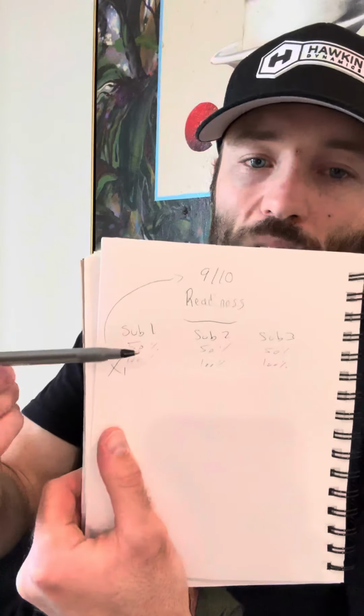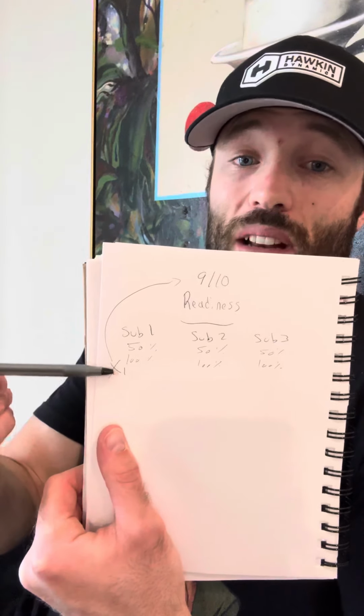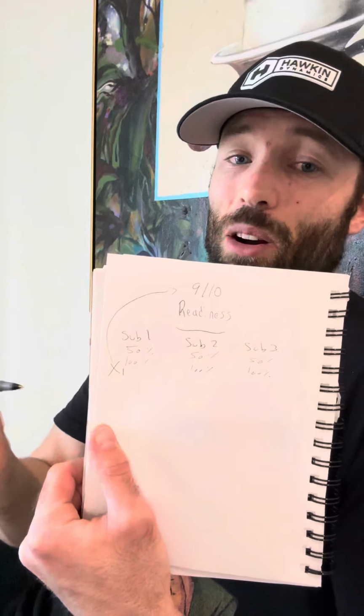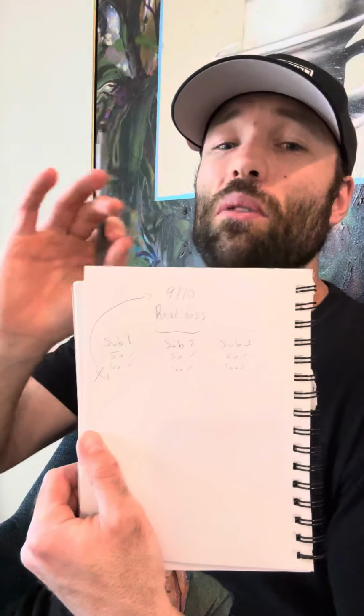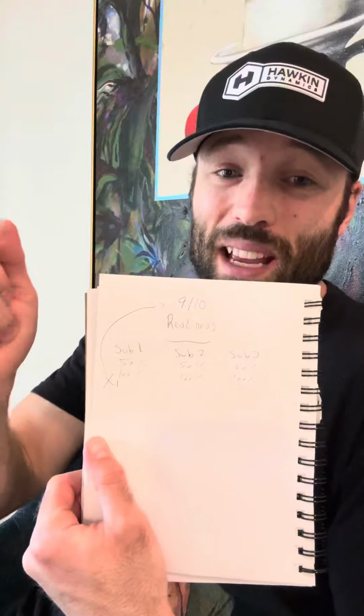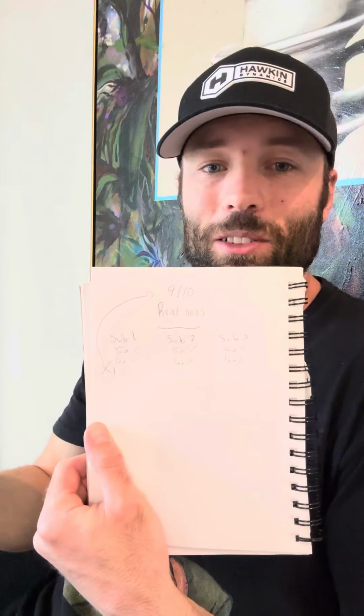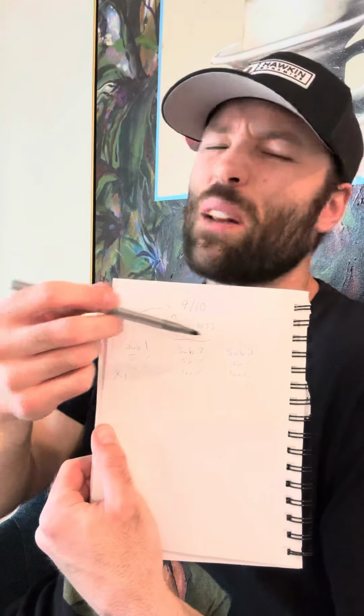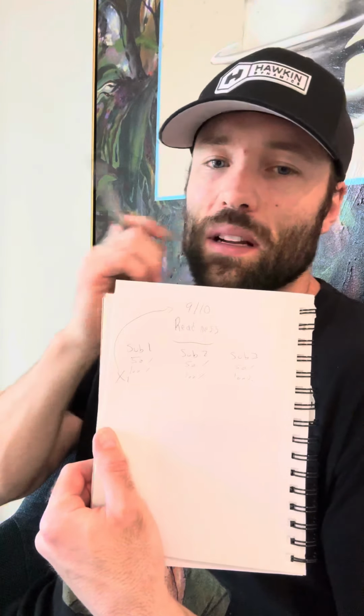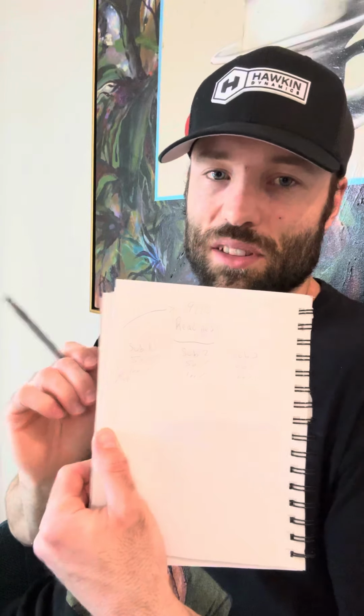But we were at 50%, and now we're at 100%, and we're able to still maintain our readiness of 9 out of 10. So even though I feel like a 9 out of 10, I am actually working harder internally from my subsystems, but I don't have any feel of that because my subsystems are meeting those demands.